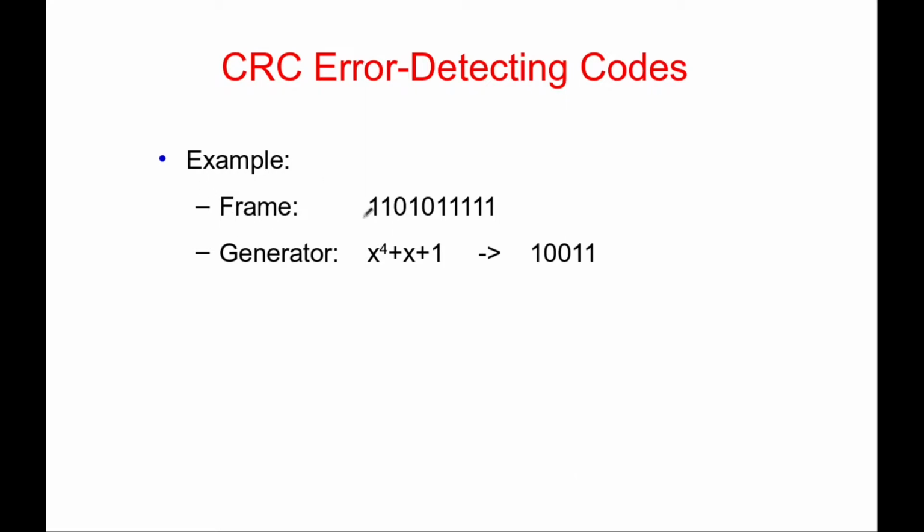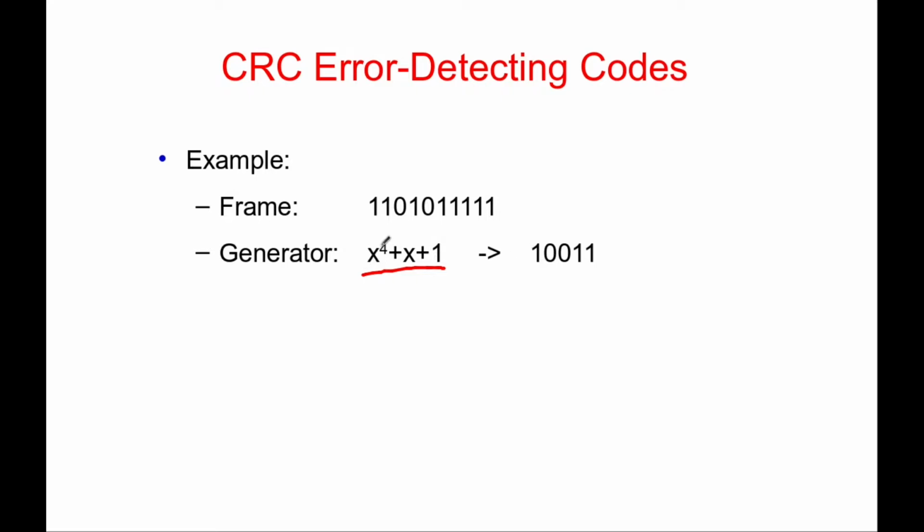Now the original data frame to be transmitted is these 10 bits which we can see. The generator polynomial that both the sender and receiver have agreed on is x raised to 4 plus x plus 1, and that accounts for these bits. Why?